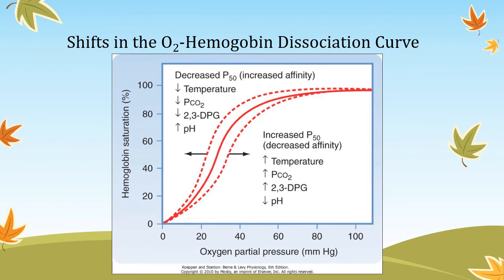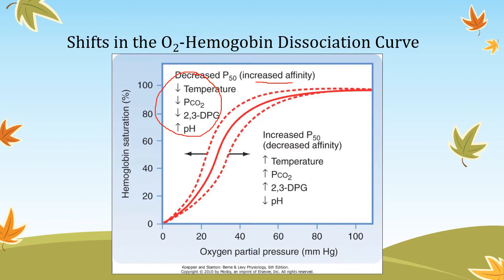Here is the oxygen hemoglobin dissociation curve, and you can see that on the left side, this one is increased affinity towards oxygen. When I say increased affinity towards oxygen, I'm talking about the hemoglobin's affinity towards oxygen. If all these things happen, this will cause an increased affinity of hemoglobin towards oxygen.